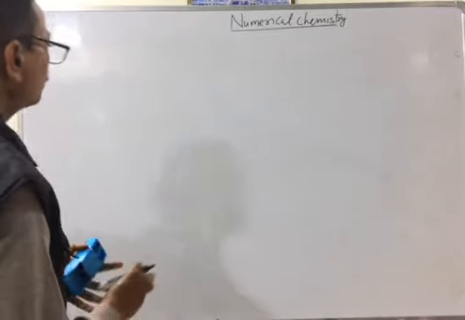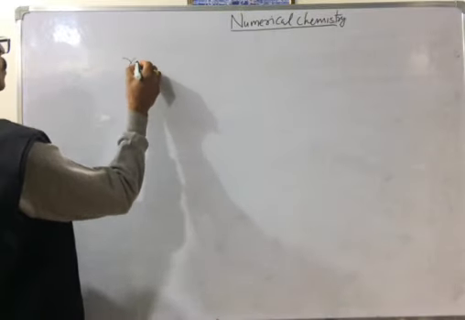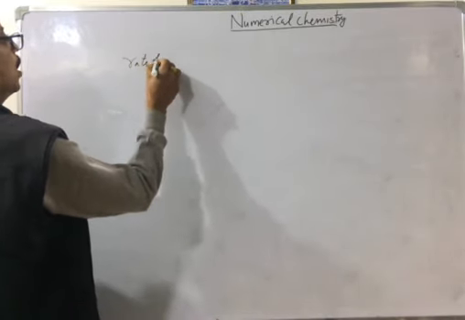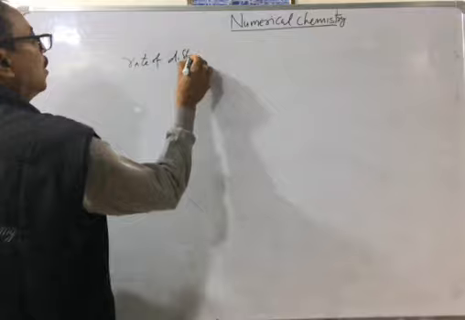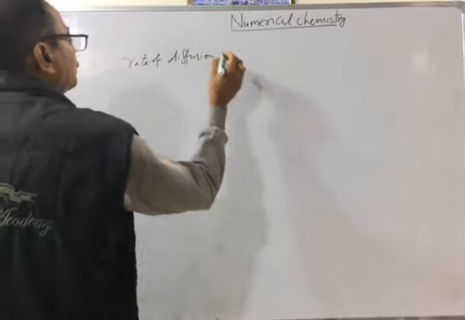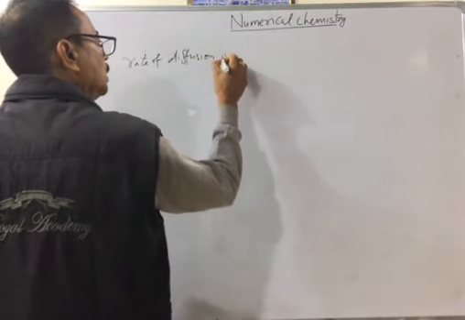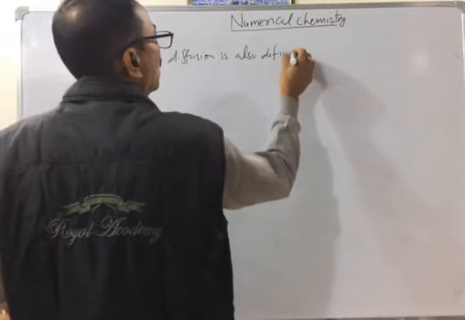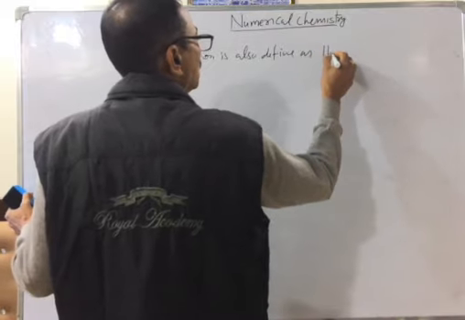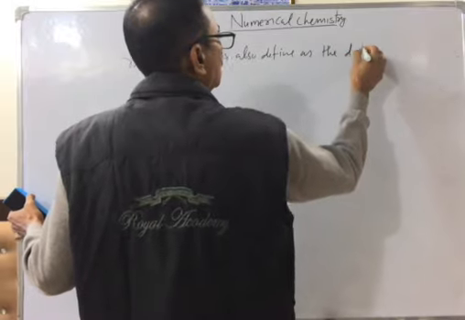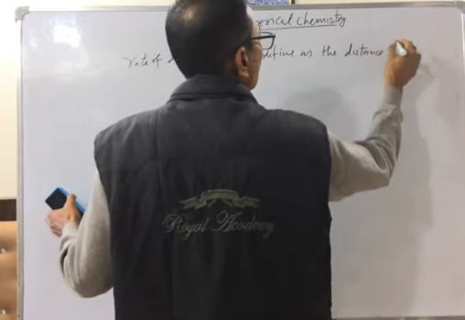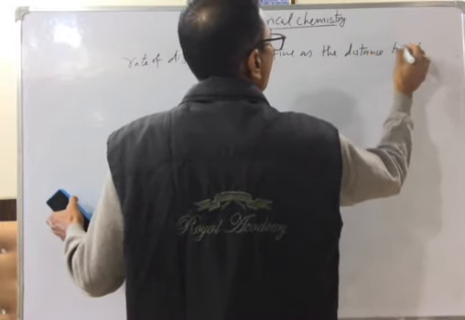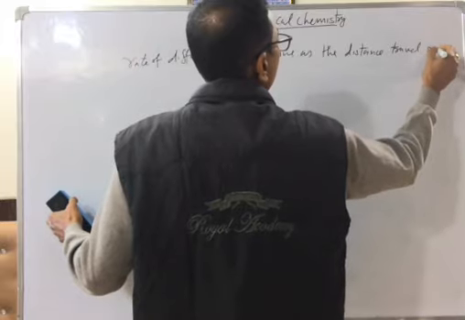So here the rate of diffusion is also defined as the distance travelled per unit time.